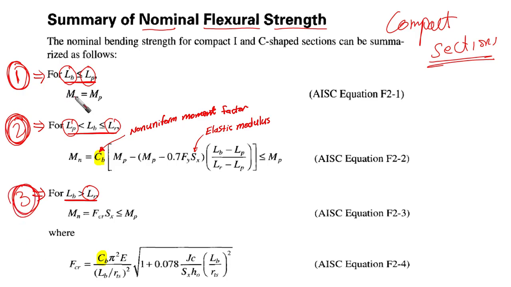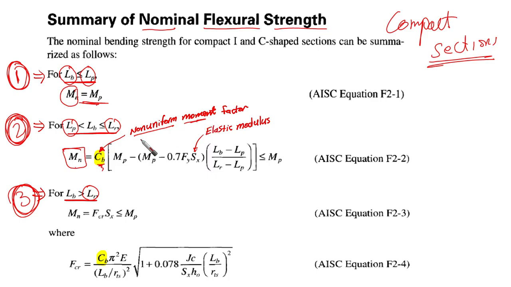In the first zone, Mn is simply going to be Mp. In the second zone, Mn, which is the nominal flexural strength, is going to be Cb, which takes into consideration the non-uniform moment.